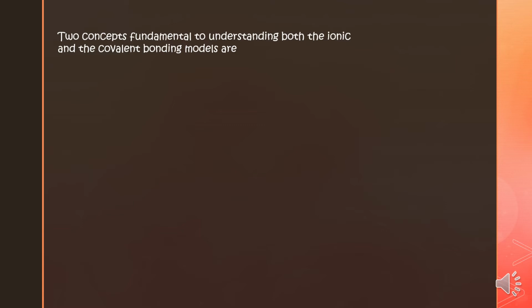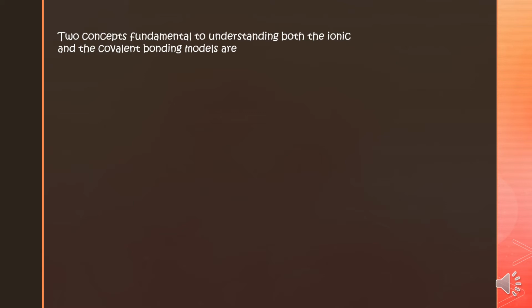Instead, most bonds have some degree of both ionic and covalent character, that is, some degree of both the transfer and the sharing of electrons. However, it is probably easiest to understand these intermediate bonds, or the real bonds, by relating them to the pure or ideal bond types called ionic and covalent. So at this point in time, let us just settle on these concepts.